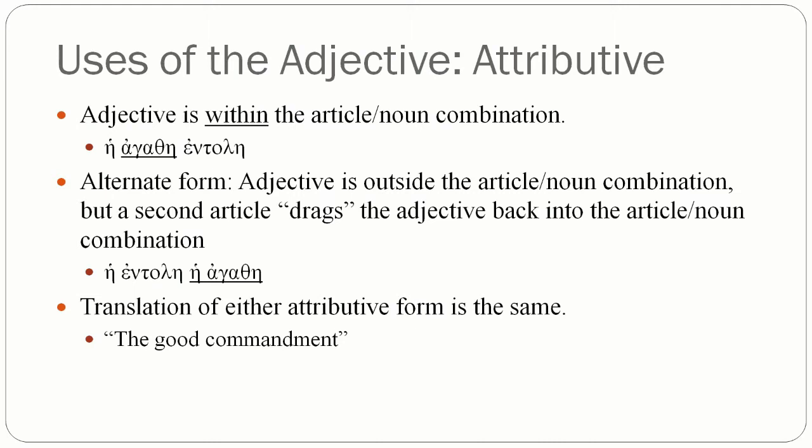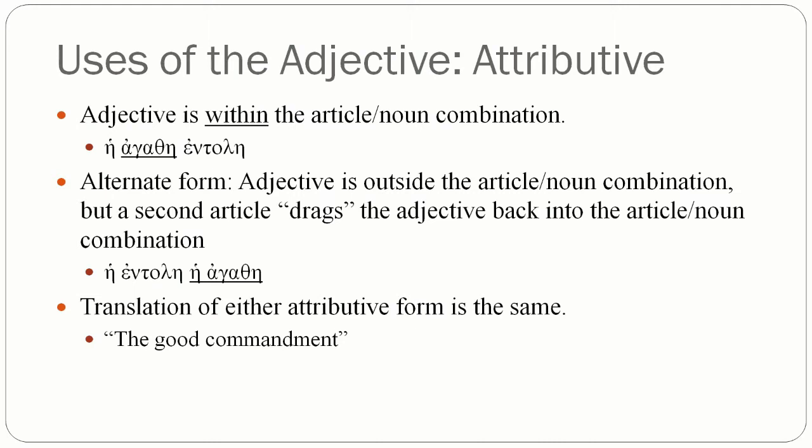That article, of course, must match up in case, number, gender, all of those good things. And in this case it does. It is identical to the first article there. And so the way that you can think about this is that even though the adjective is outside of that article-noun combination, that second article kind of drags it in, and associates it with that article and the noun.